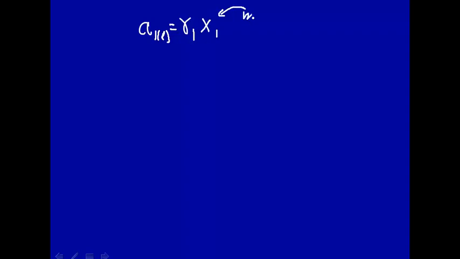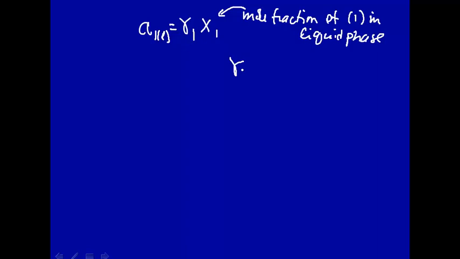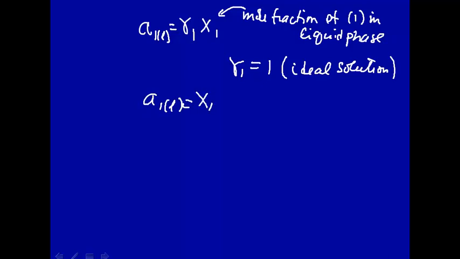So this is mole fraction, a concentration unit. So let's assume that gamma 1 is equal to 1, so we have an ideal solution. So the activity of component 1 in the liquid phase is just the mole fraction of 1. And we use X for mole fraction in the liquid phase.